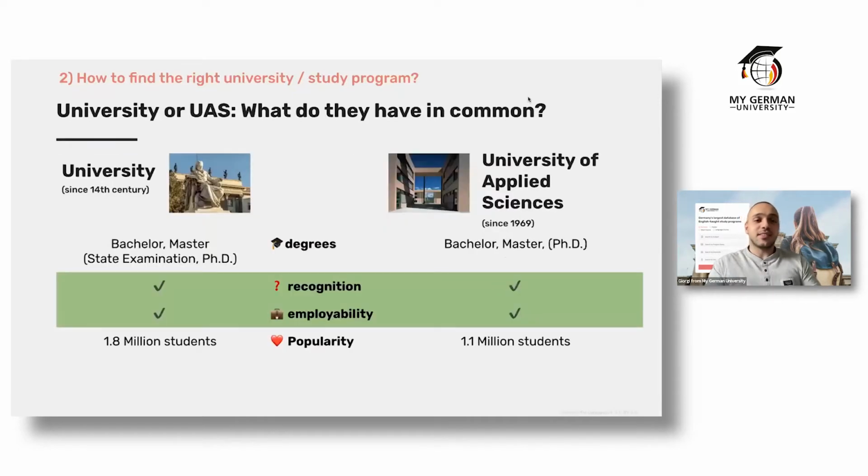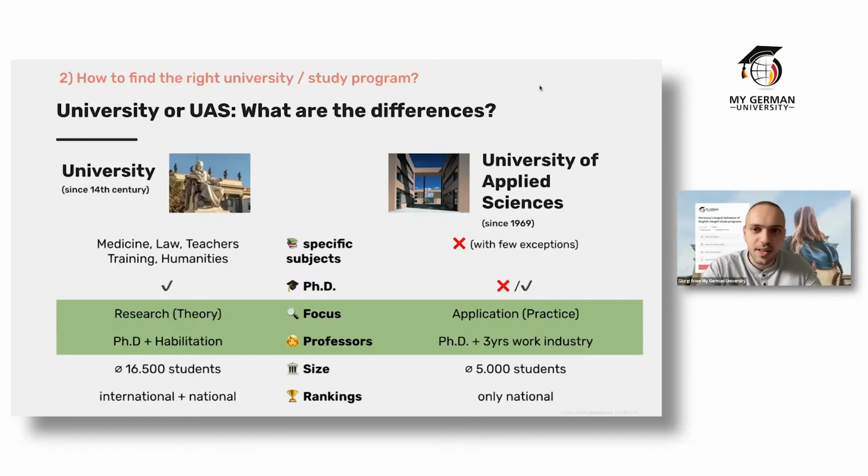All right. So now the question should be: Georgi, you are telling me about these two universities, but is there something really important that I should know in terms of the differences? Should I be worried about something? I would say no. Again, main takeaway, not to spend much time on this, is the focus. The Universität type of university focuses more on research and theory, and the University of Applied Sciences usually focuses on application and practice.